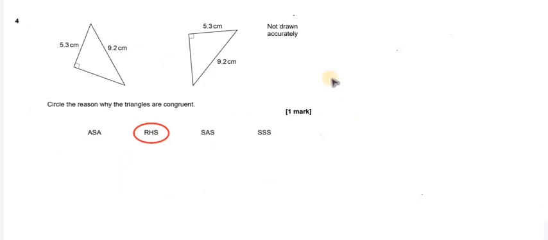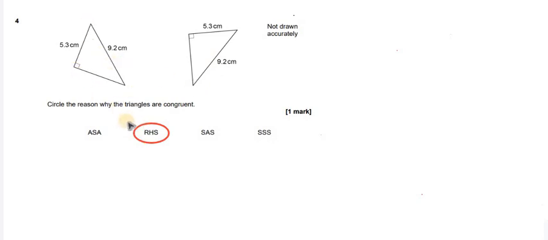Okay, question 4. Circle the reason why the triangles are congruent, which means exactly the same. RHS has been circled. Okay? That is because you have a right angle in both triangles. You have one side that's the same, and you have the other side, which is the hypotenuse or the longest side.